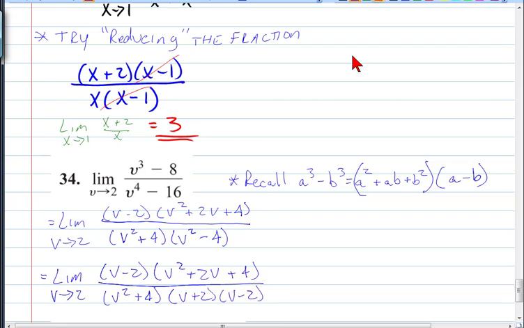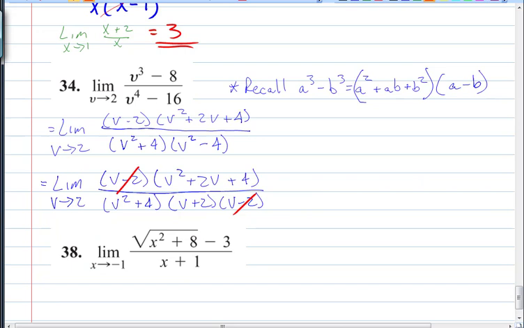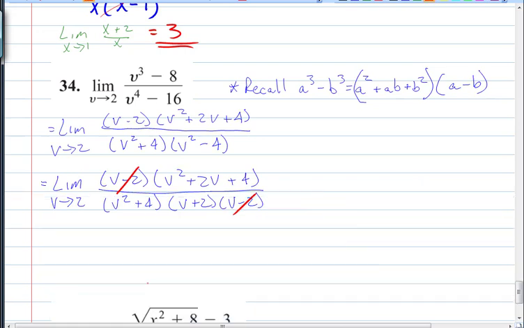And now we have two factors that will cancel, and we can use direct substitution. So this is the limit as v approaches 2 of v squared plus 2v plus 4 over v squared plus 4 times v plus 2.